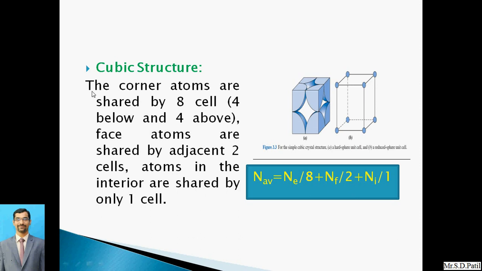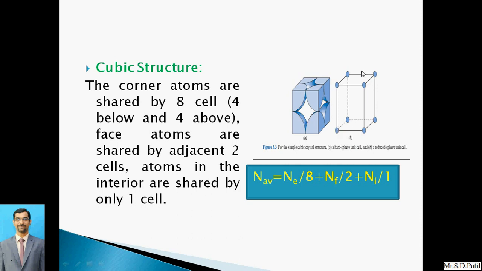The corner atoms are shared by 8 cells in the cubic structure, 4 above and 4 below. Whatever the corner atom of this unit cell may be, these corner atoms are shared by the 8 corners. This is 1, 2, 3, 4, 5, 6, 7, and here will be the eighth corner.